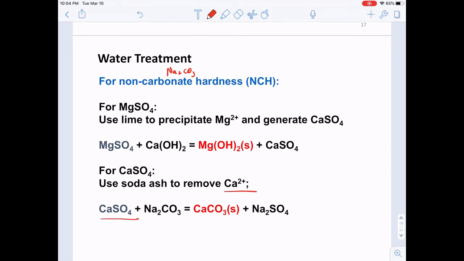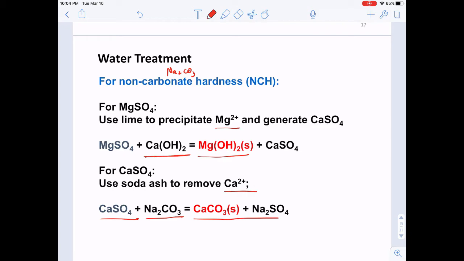For example, if the calcium is bonded as calcium sulfate, then by introducing the soda into the water, we can form calcium carbonate. And for the magnesium, we can just introduce the calcium hydroxide and form magnesium hydroxide.